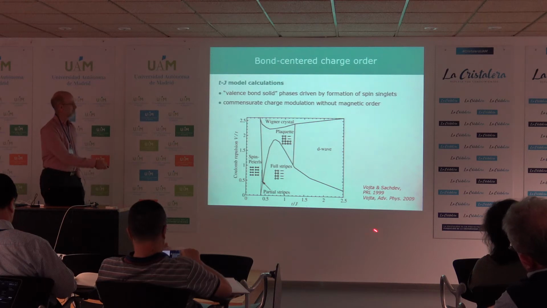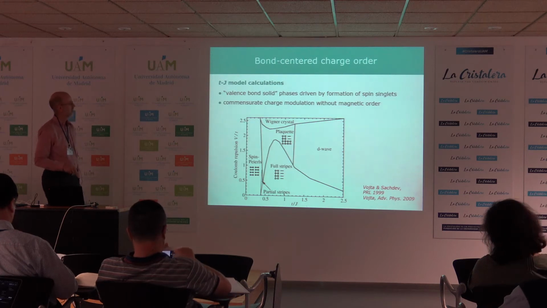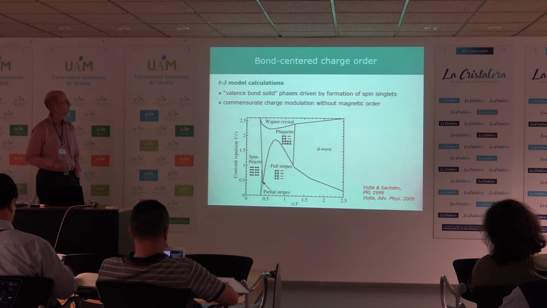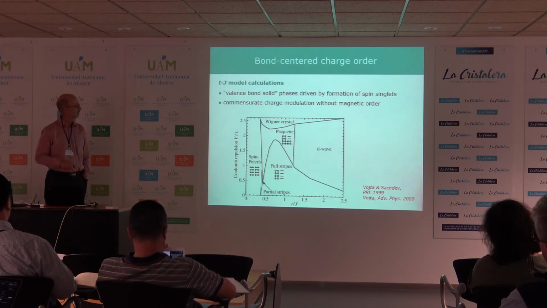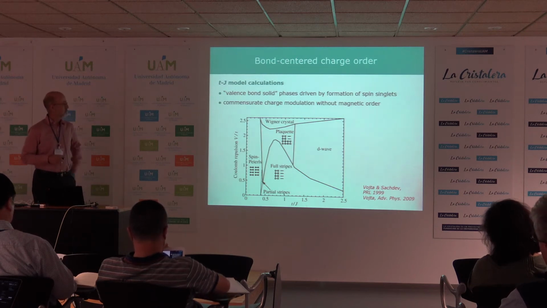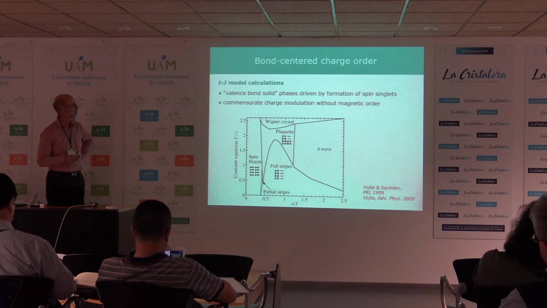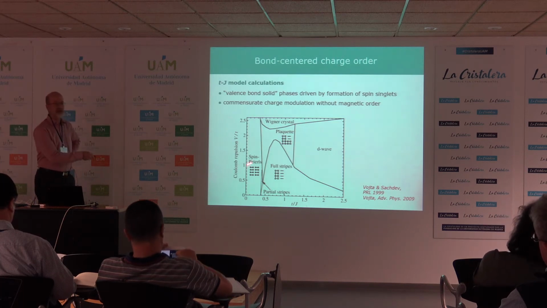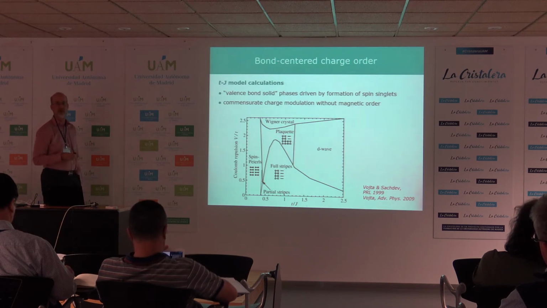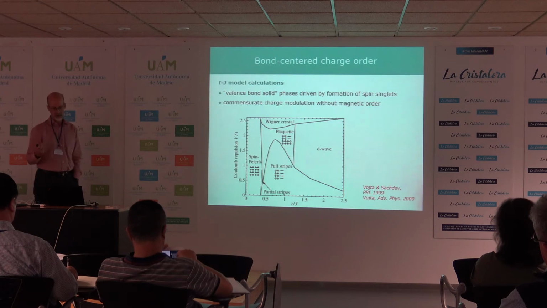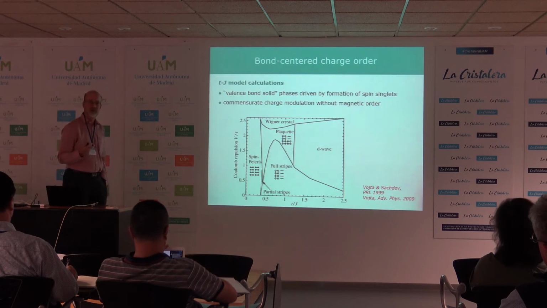This is some work, for instance, by Vojta and Sachdev from the late 1990s, where they've looked at the phase diagram of the extended t-J model and found lots of these sort of valence bond solid phases with dimers lined up in some regular pattern, and each dimer corresponds to a spin singlet state, right?